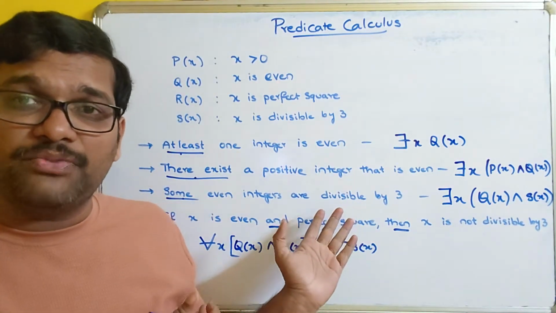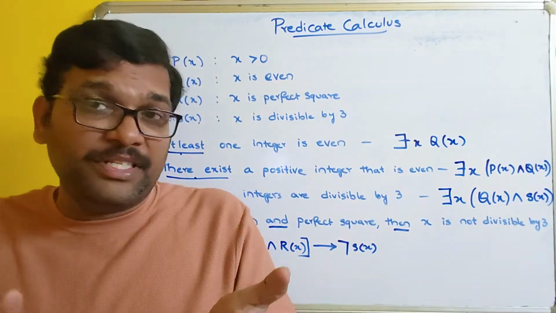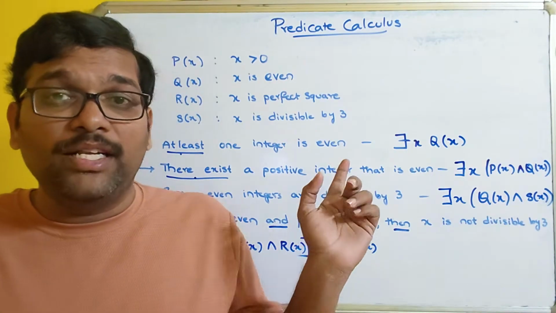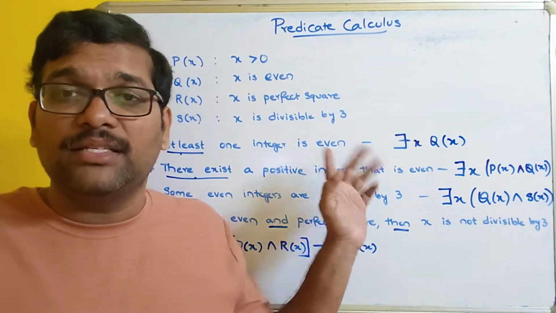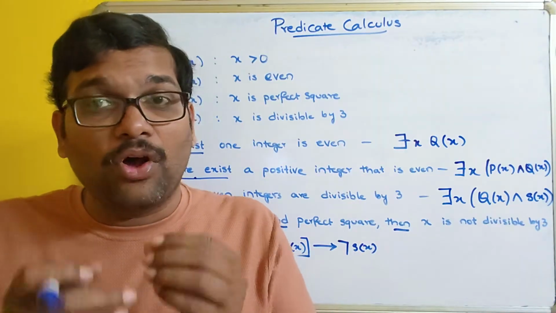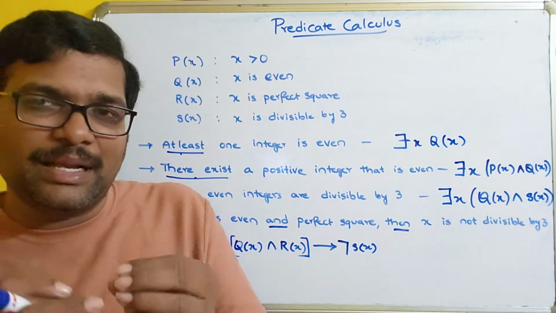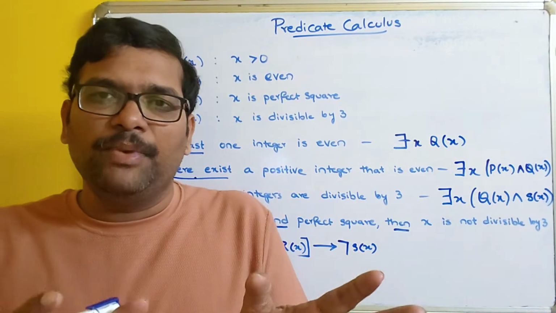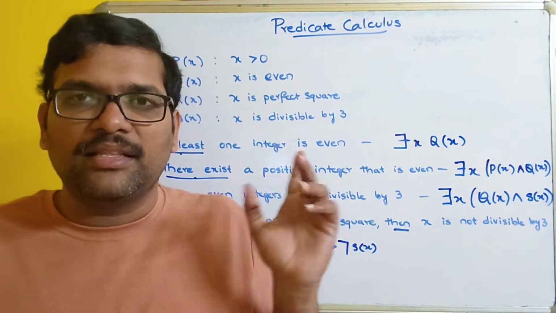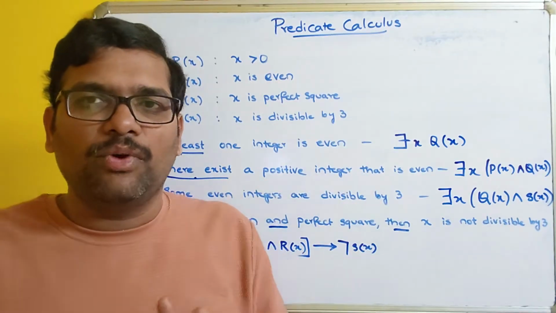So two quantifiers we have seen, which represent the scope of a predicate. One is the universal quantifier as well as the existential quantifier. For all x means the universal quantifier, and for some values of x the predicate becomes true means there exists. That we call the existential quantifier.